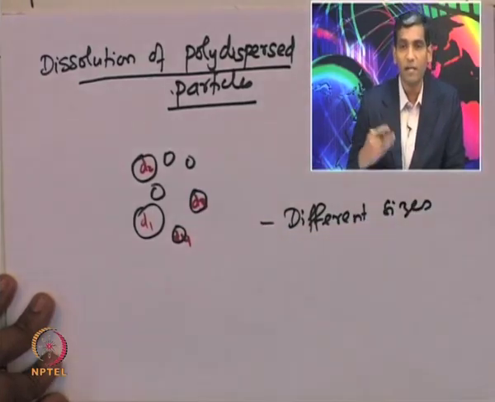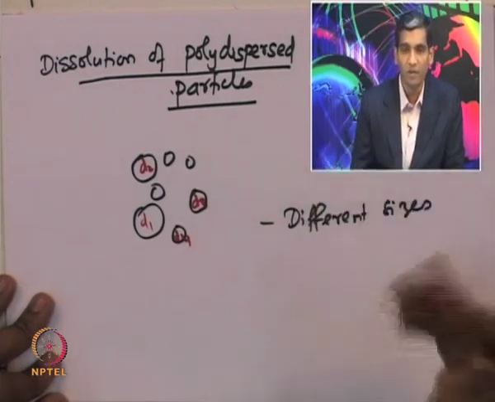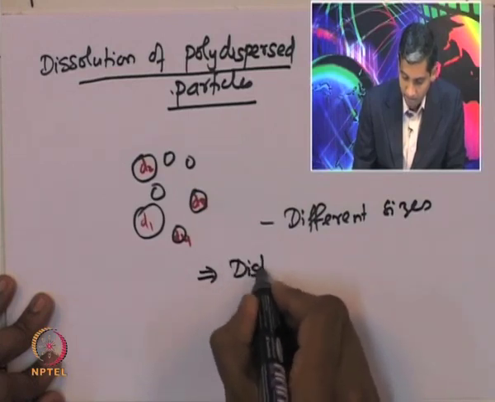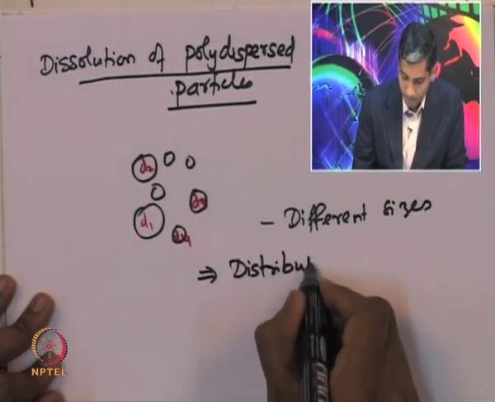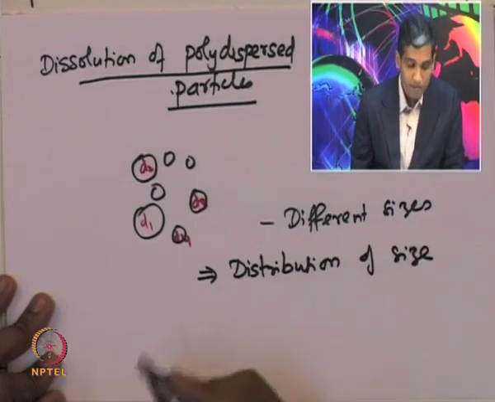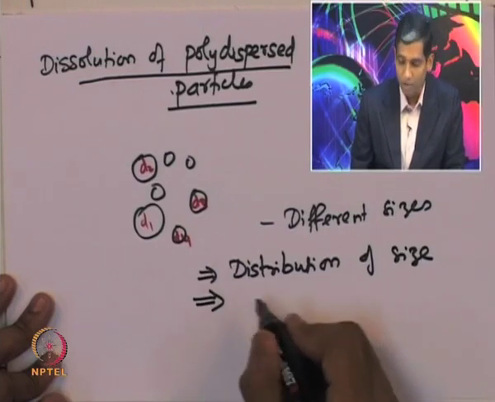Now, not just at the initial stage will the particles be of different size. There will be a distribution of particle sizes all through the time when the dissolution is actually occurring. So, clearly there is a size distribution, and the question is to find out what the dissolution time is.